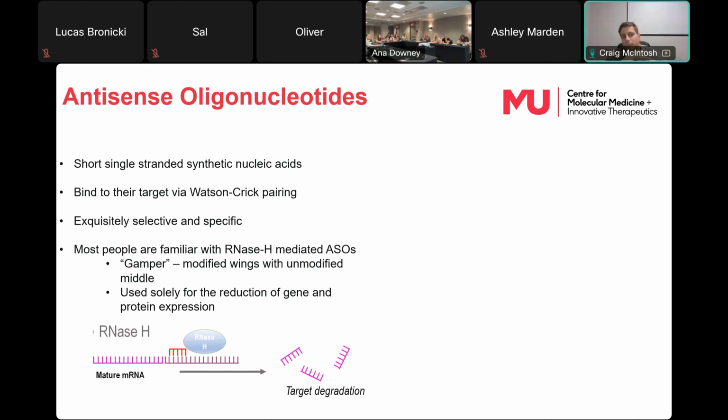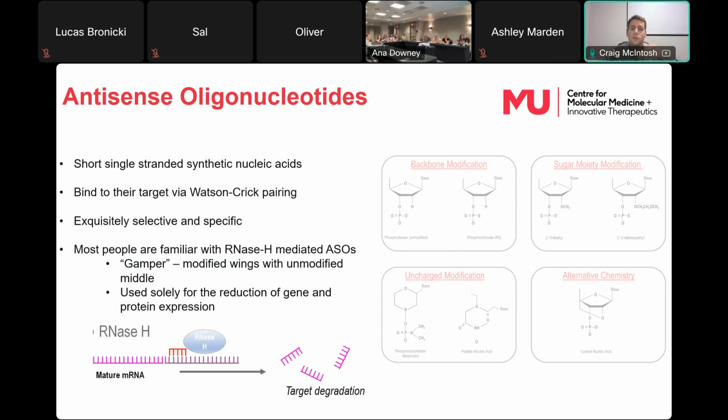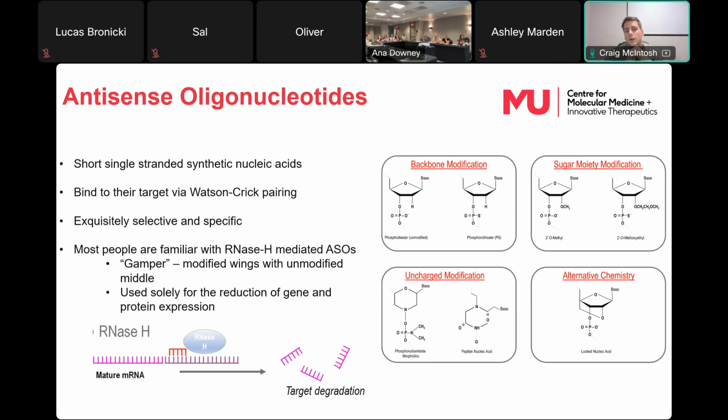Most people are familiar with a type of mechanism called RNase H, which has modifications on it that allow it to reduce gene expression and therefore reduce the protein that the gene makes. But obviously in this case, this mechanism is not suitable. So there's a lot of different molecules that we can use.